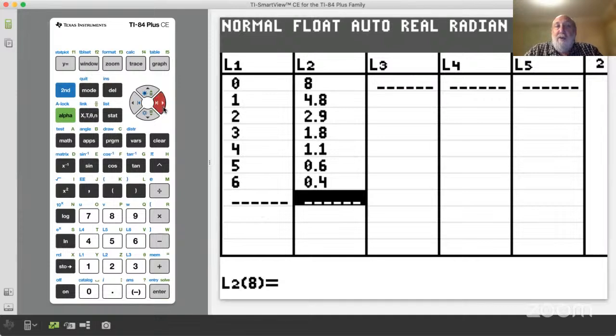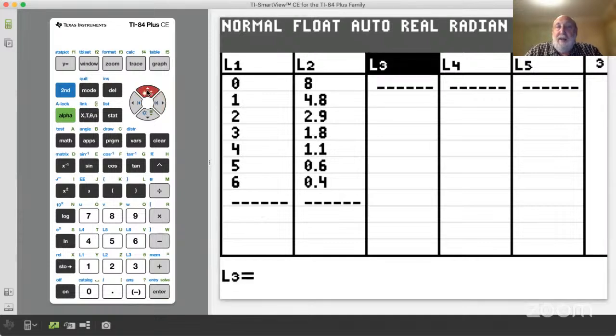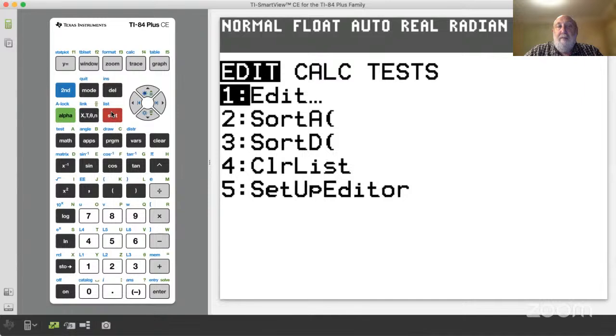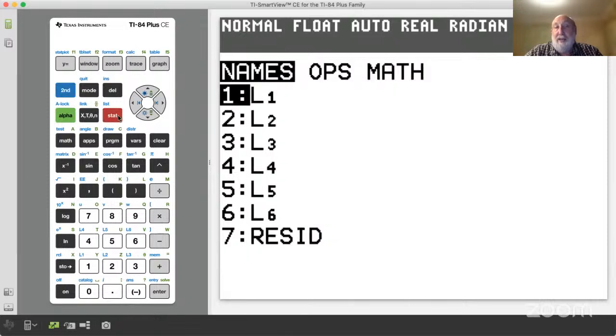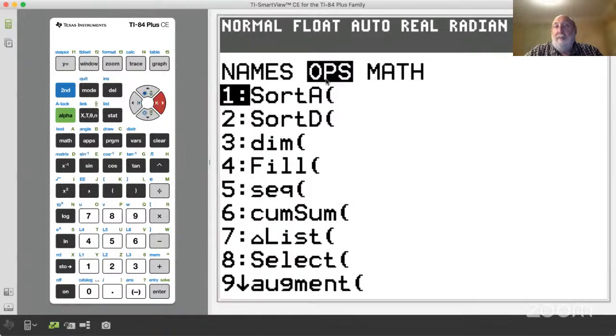Well, if I go over to L3 and go up to the header there, I'm going to define L3 by using the stat editor again. Let me go to second stat, which would be lists, and go over to operators.